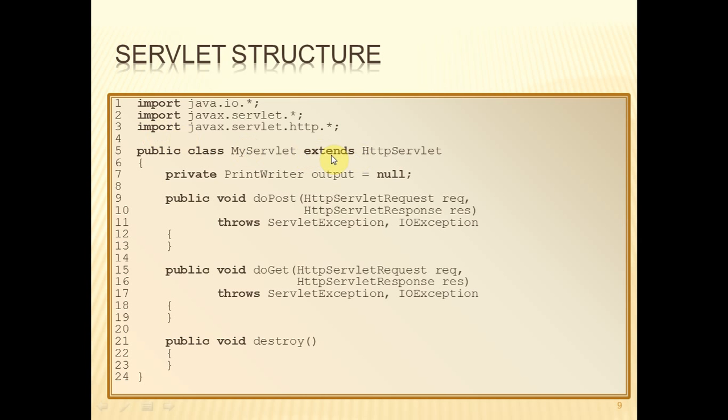As soon as we've written those 2 words, extends HttpServlet, we have made this class a servlet class, and through the rules of inheritance we have immediately inherited all those methods that are necessary to make this servlet work on the server.